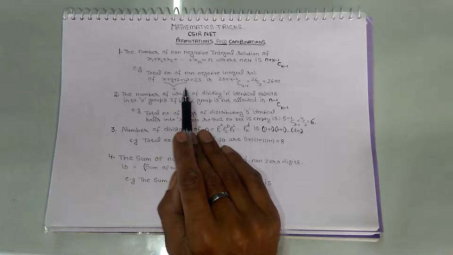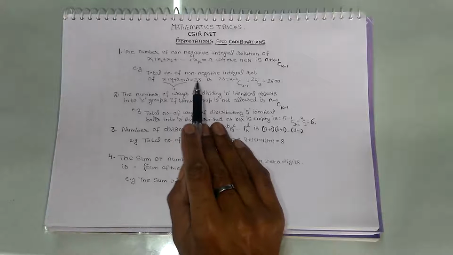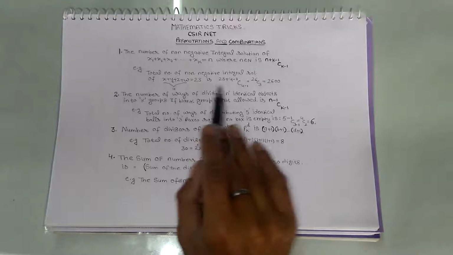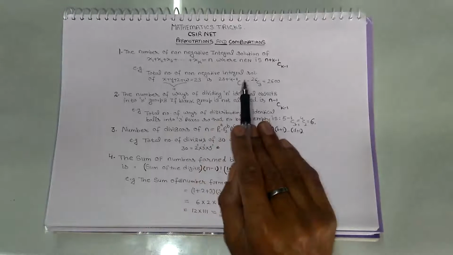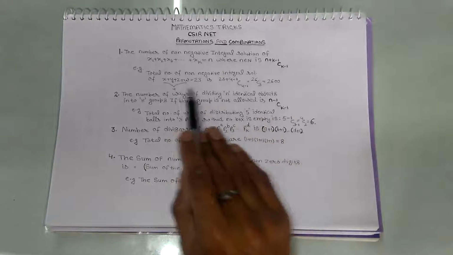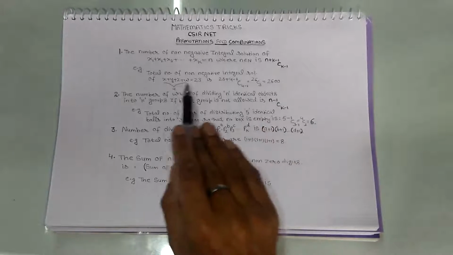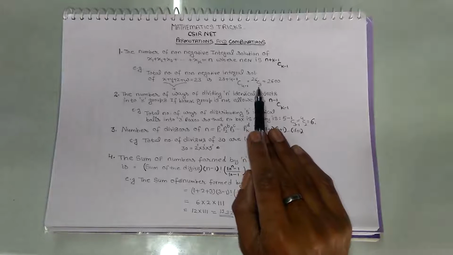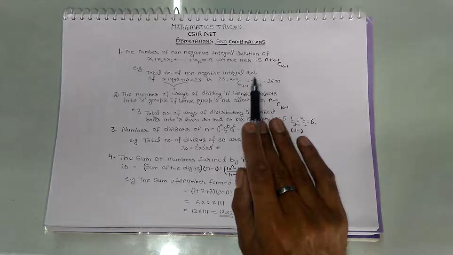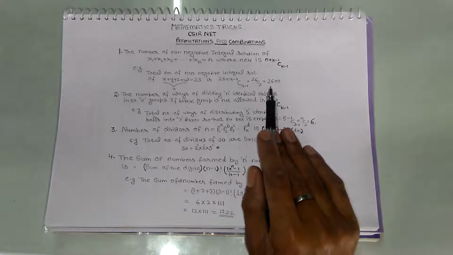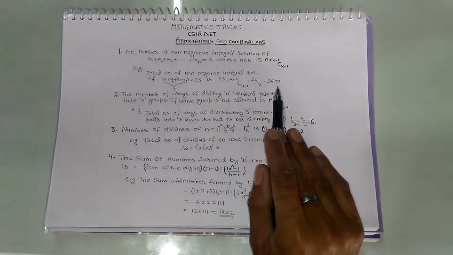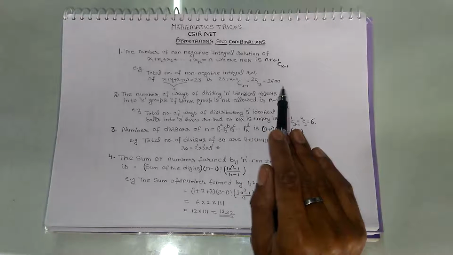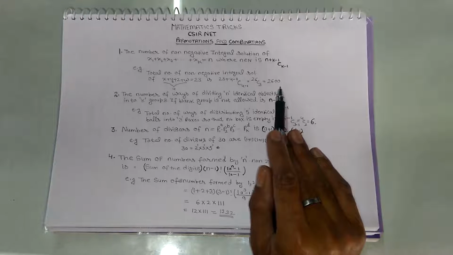The number of non-negative integral solutions would be 23 plus number of variables minus 1 c 4 minus 1. Here 4 is the number of variables. This would be equal to 26 c3, and after solving this expression we get 2600 as the required answer, or you can say the total number of non-negative integral solutions.